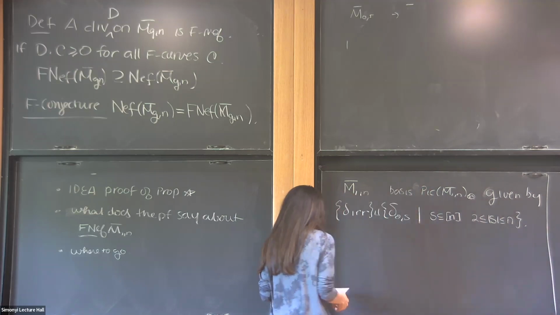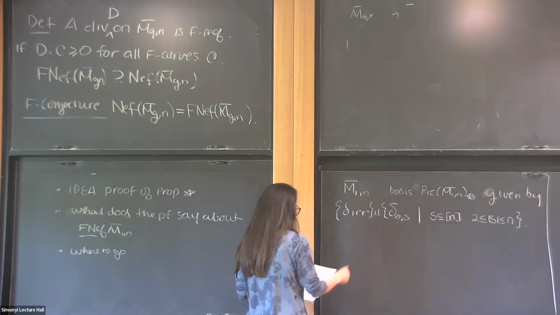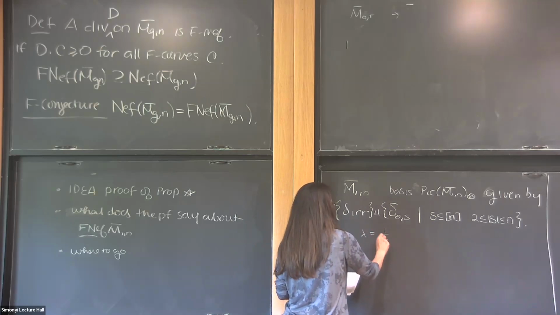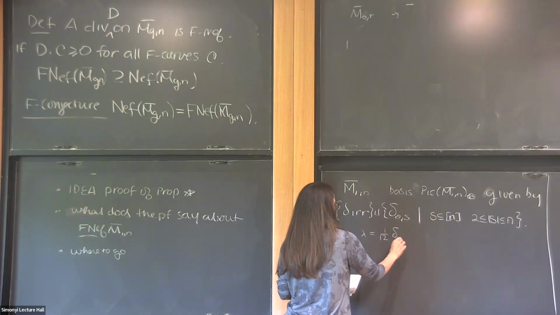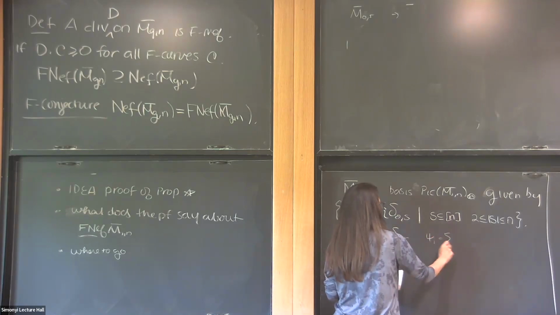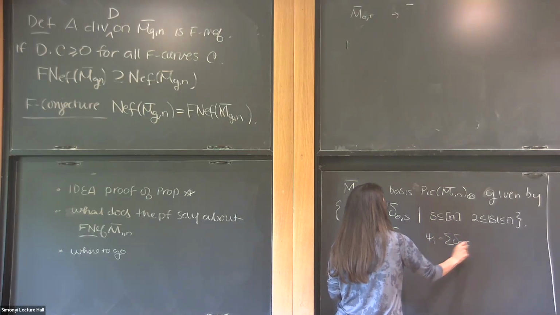And of course, we can write lambda and the psi classes in terms of those, just if you're wondering. So lambda is 1/12 delta irreducible, and the psi are the sum of the delta 0,I.